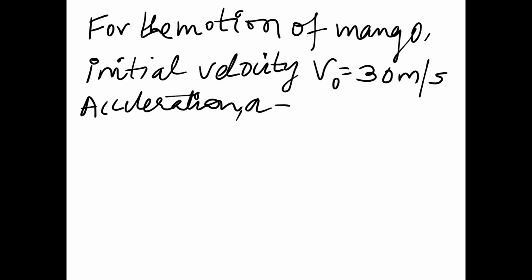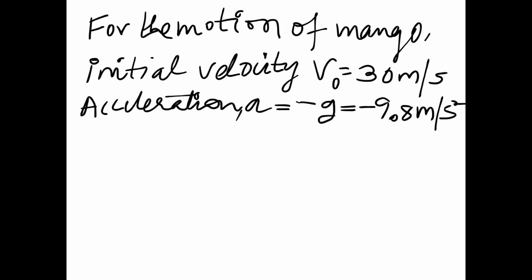As it is vertical motion, again it is minus g. g is acting downward, that is why minus always. So it is minus 9.8 meter per second square.